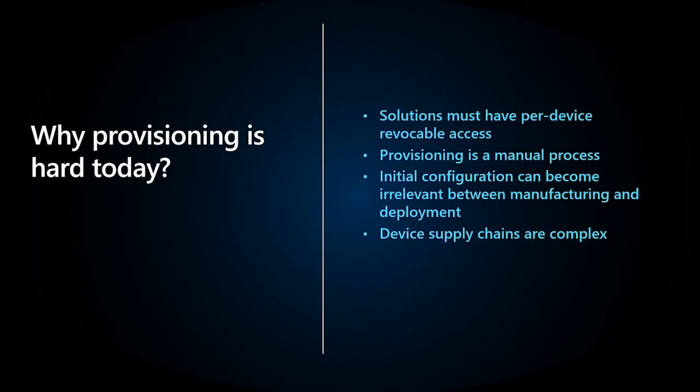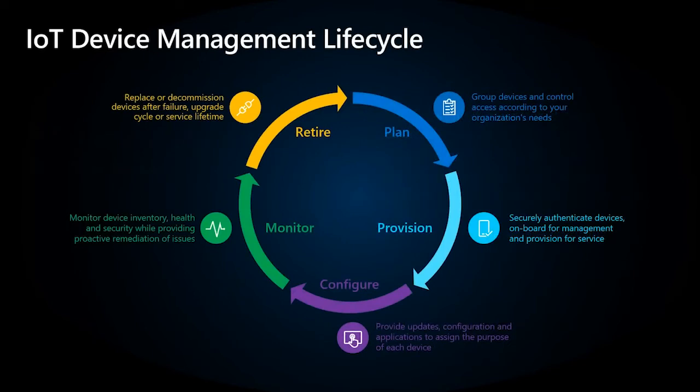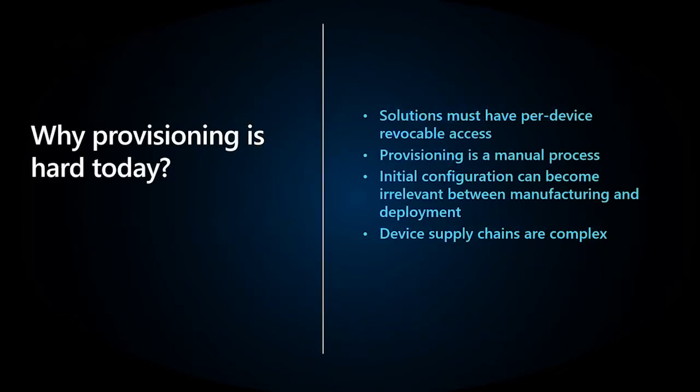So let's talk about the provisioning part of that cycle, because I talked a little bit about provisioning and configuration, and this is where DPS can really help you, which is device provisioning service. What we've noticed is with provisioning, it can be quite challenging, and there's a couple reasons for that. One is that you might need each device to be able to be taken offline quickly, and it needs to be per device versus a group of devices.